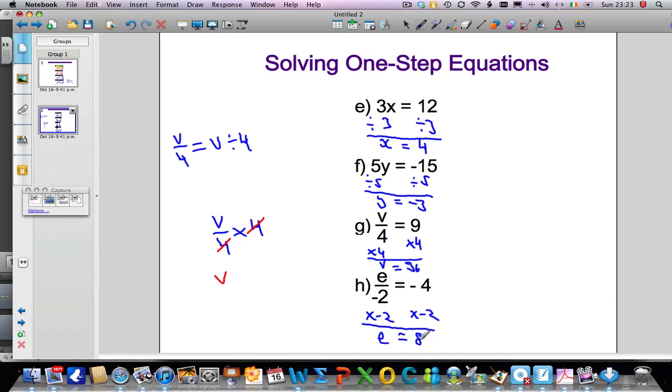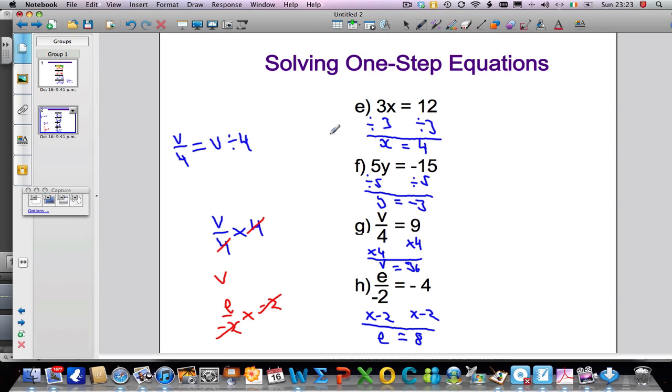Minus times a minus is a plus, and 4 times 2 is 8. Just as an aside, again, e over minus 2 multiplied by minus 2, the minus 2 cancels out with minus 2, and then we're just left with the e.